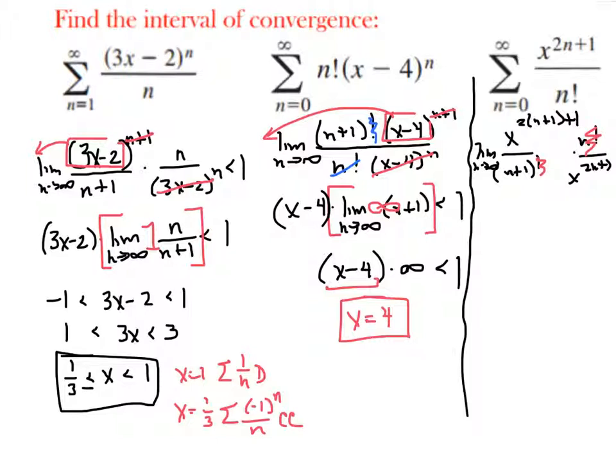Now, this up here would be 2n plus 3. So I have 2 extra x's on top. So when I do my simplifying, this will go and this will go, but I still have x squared that I would pull up front.